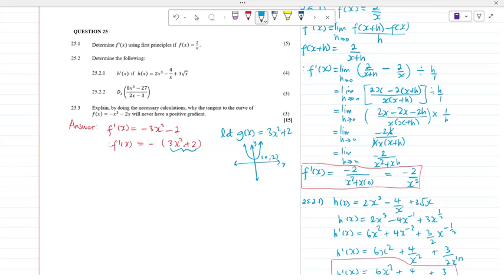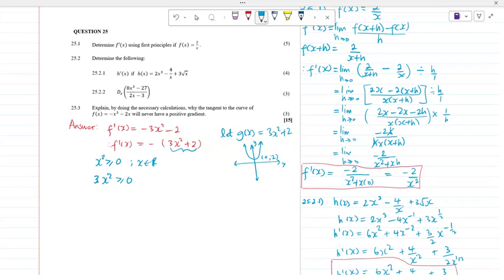So let's continue now and explain the algebraic method. x squared is greater than or equal to 0 for all x elements of the real numbers. Each and every x value that you substitute here, you are always going to get a positive number. Then 3 times x squared will always be greater than or equal to 0, because you're multiplying a positive quantity by a positive number.